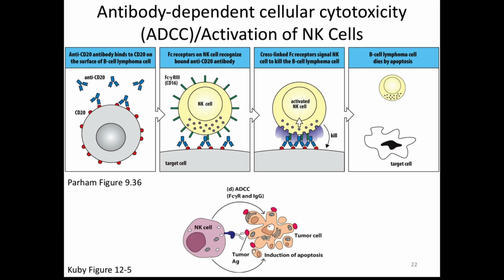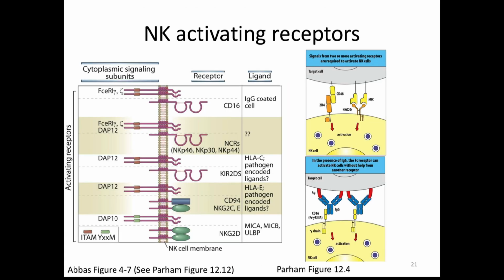So this ADCC through this activating NK receptor is one kind of NK activation. The other NK activation that I'm going to tell you about is similar to what you see over here on this top image, and it's going to involve this NK receptor called NKG2D.